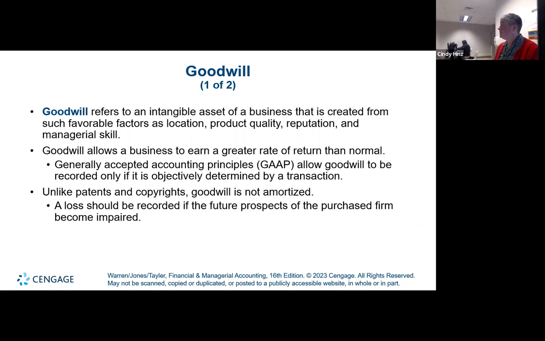The assumption is over time, land does increase in value, but we don't get to just add that to our balance sheet arbitrarily. The same with goodwill. We don't get to increase its value, but in a given year, it might go down. And if it does go down, we would write off that reduction, that impairment. We would write that off as an expense.